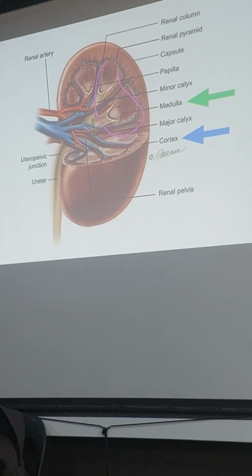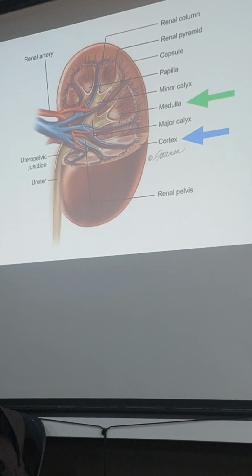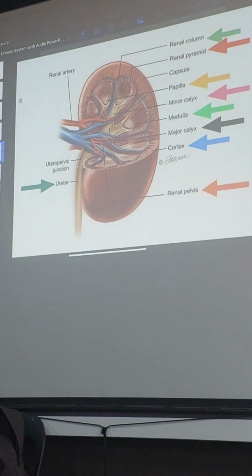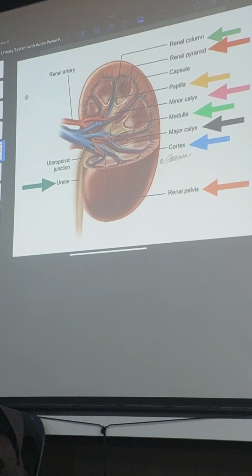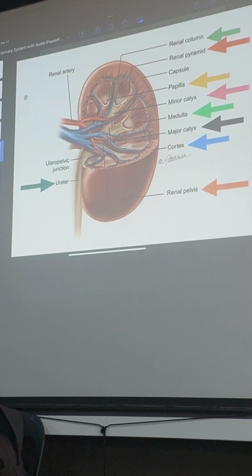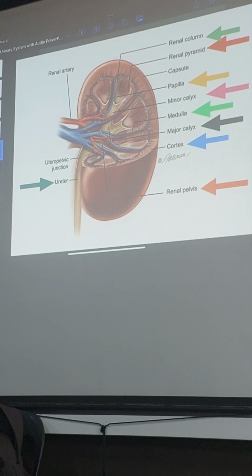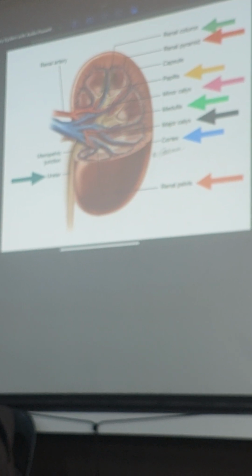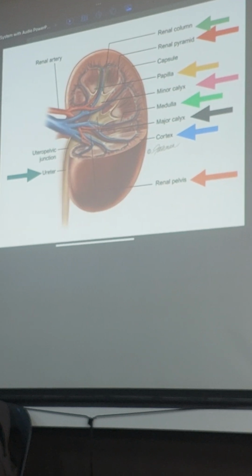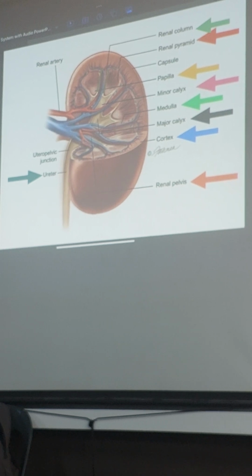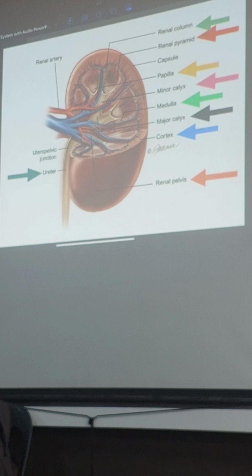If we look at it histologically, the cortex will actually contain the glomerulus, which I'll call from now on glom for short. Your medulla is going to contain mostly your loops of Henle and your collecting tubules. You will not see any of the glom in the medulla.